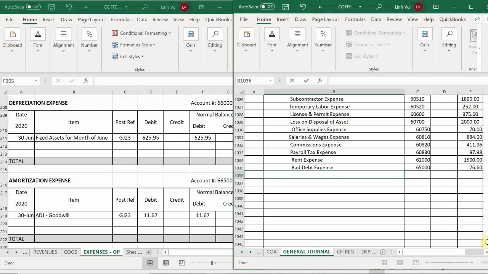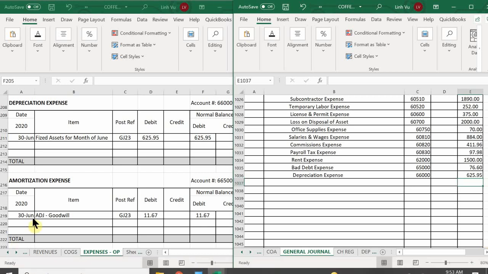We also need to zero out our depreciation expense, which was account number 66000. For a total of how much do I need to credit my depreciation expense? $625.95. 625.95.